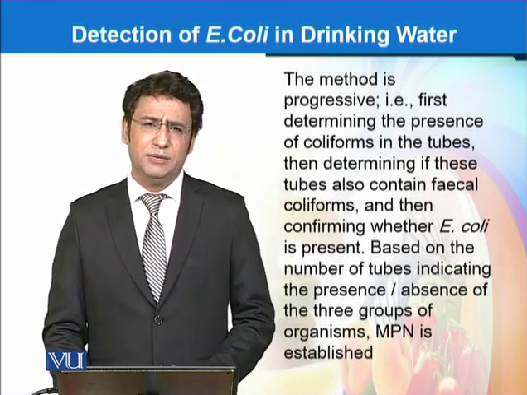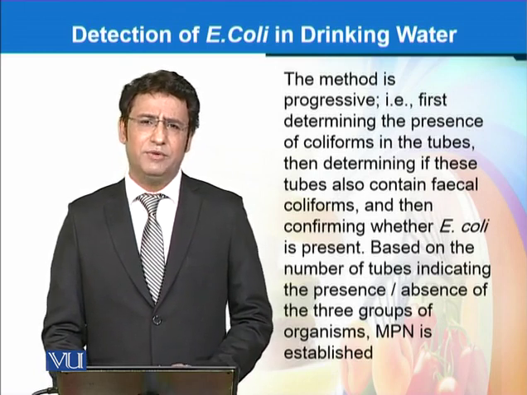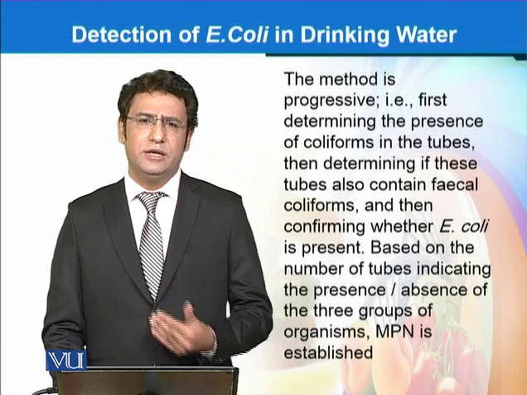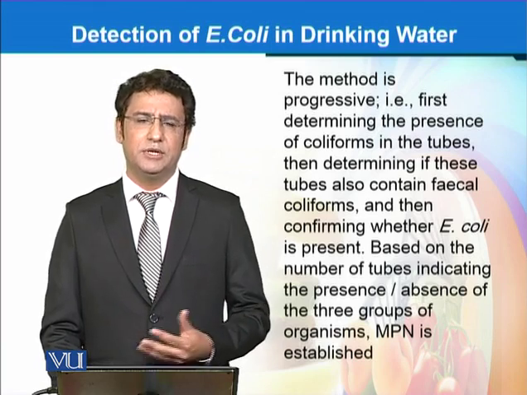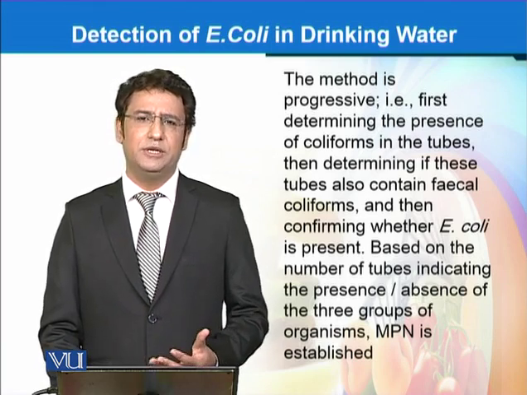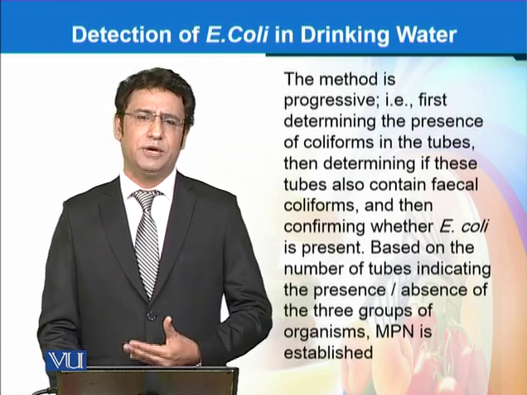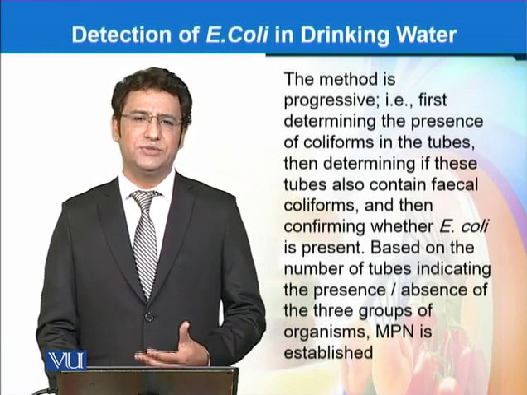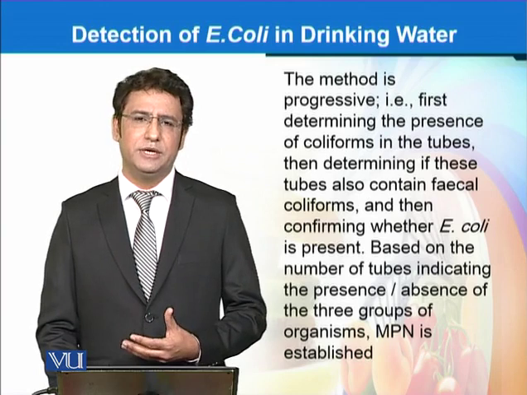This method is basically progressive, by which I mean that we cannot actually determine, like any other chemical analysis, at once how many of these microorganisms are present, whether they are gas formers or whether they are disease causing.